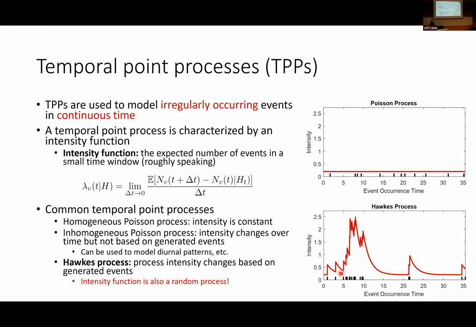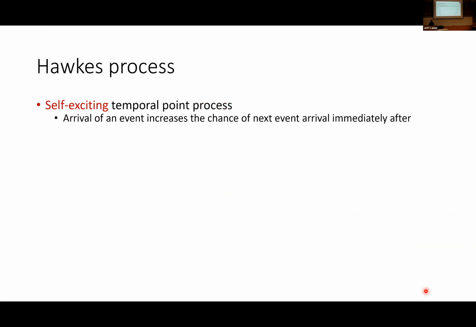And so in this case, the Hawkes process is self-exciting. It can give you these clusters of events that occur in very short periods of time. So you see that over here or over here and so on. And as I mentioned, a Hawkes process is a self-exciting temporal point process, which means the arrival of an event increases the chance of the next event arrival immediately afterwards.